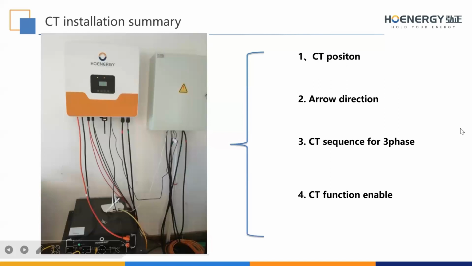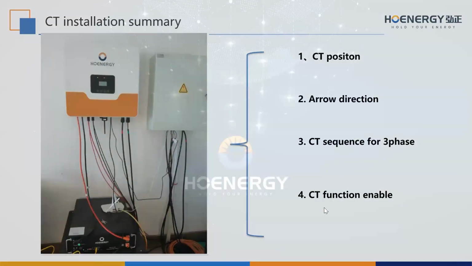If you install a 3-phase inverter, there are 3 CTs, so each one should connect to the right phase: CTA connected with phase A, CTB connected with phase B, and CTC connected with phase C. And then disable or enable the CT function. Exactly. Thank you.